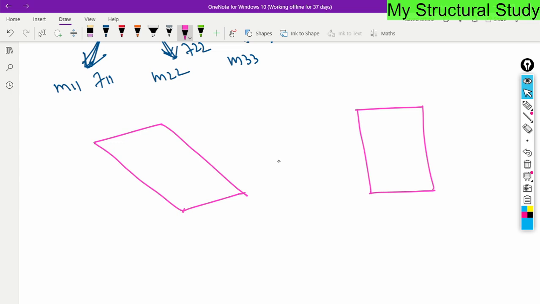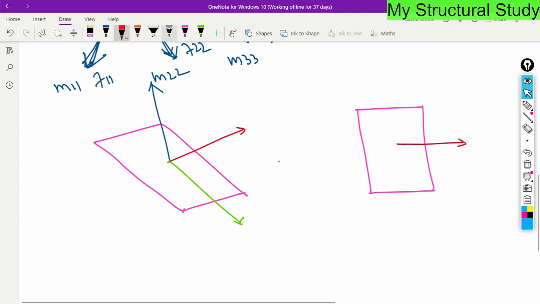So for slab, this is the one axis, this is the two axis, this is the three axis. Same way for shear wall also, this is the one axis, this is the two axis, this is the three axis.